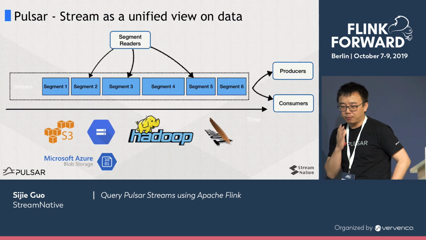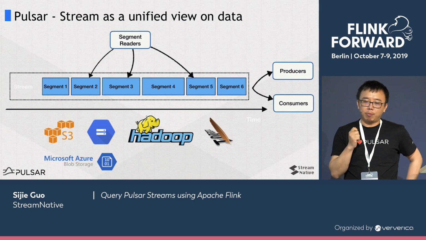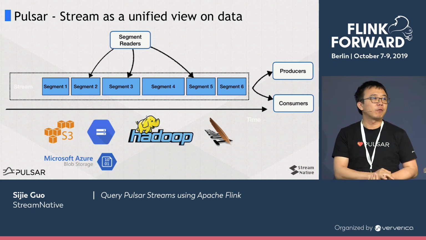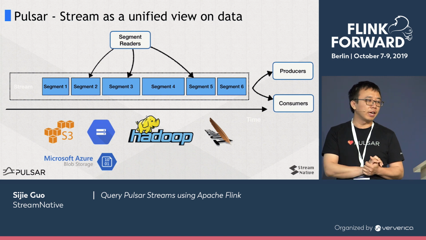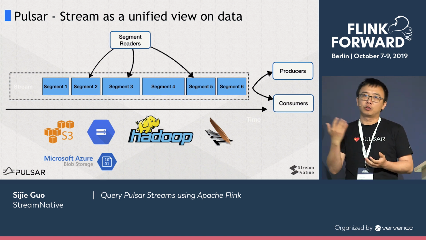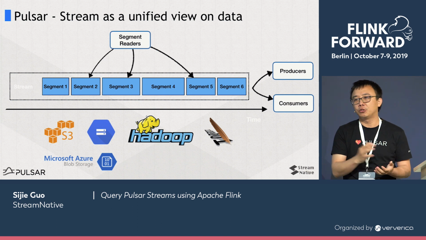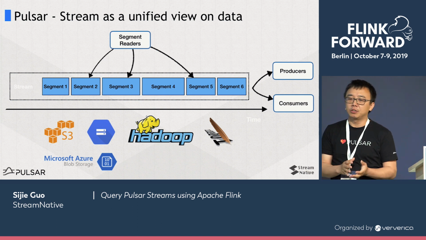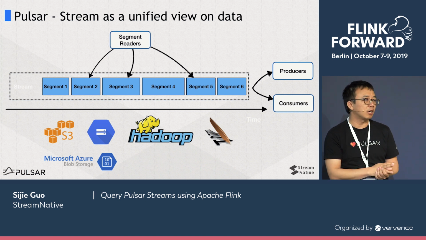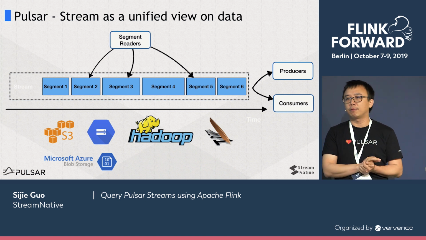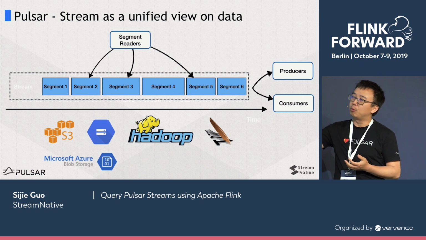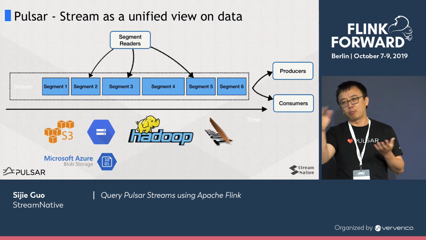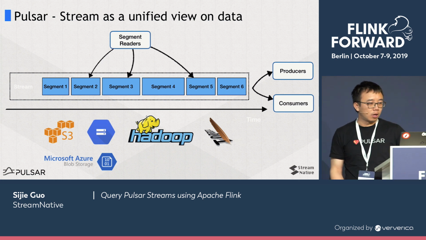As I mentioned before, Pulsar presents the stream as a unified view on data, but it also provides two levels of reading API. One is the streaming way of consuming data, which is PubSub. And because the data is segmented into multiple segments, you can use the segment reader to read directly from the storage, either from BookKeeper or directly from S3, without going through a broker.